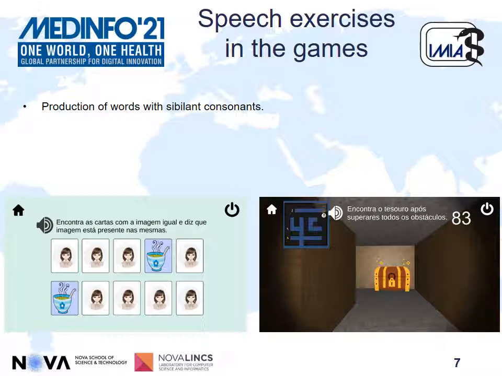And the child will win the pair after she pronounces the word. To check if the child pronounced the correct word, we check two things. We check if the word is correct, but we also check if the sibilant consonant is correctly produced.